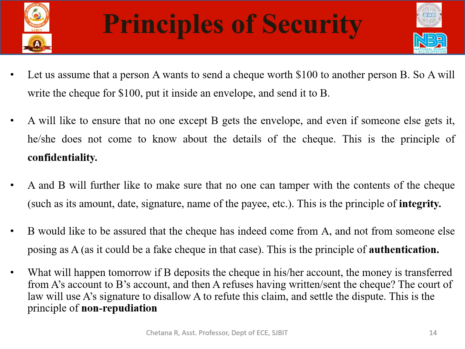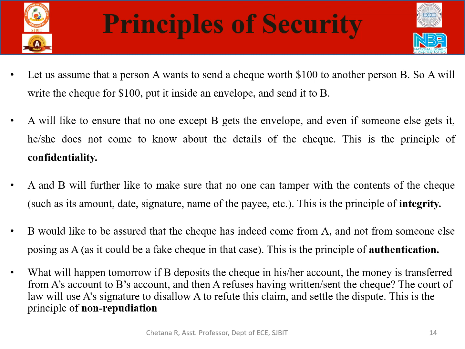What is authentication? Confidentiality is in terms of the receiver; authentication is in terms of the sender. B would like to be assured that the check has come from A only, right? Because for some reason somebody can pose as A and send it.